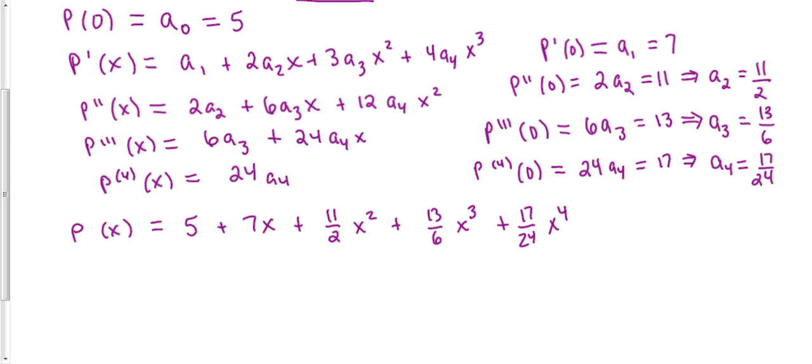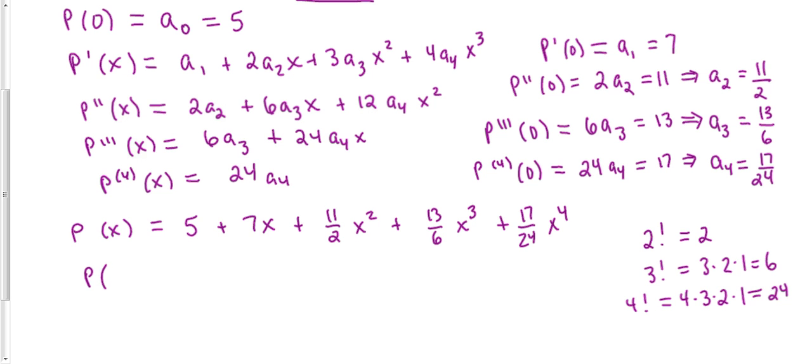Now there's not a lot of simplification that we can do here, but we can recognize something. For instance, 2 factorial is equal to 2. And 3 factorial, which is of course equal to 3 times 2 times 1, is equal to 6. And 4 factorial, which is equal to 4 times 3 times 2 times 1, is going to be equal to 24. So we can clean this up a little bit.